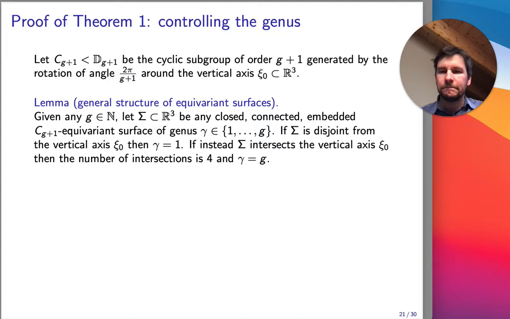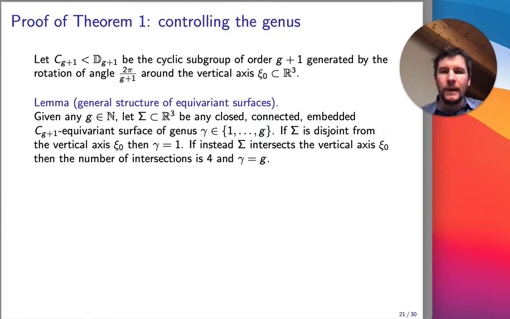Okay? So here is a lemma. Given any natural number g, and some sigma that is closed, connected, embedded, and has this cyclic symmetry group, and it also has genus gamma between 1 and g.